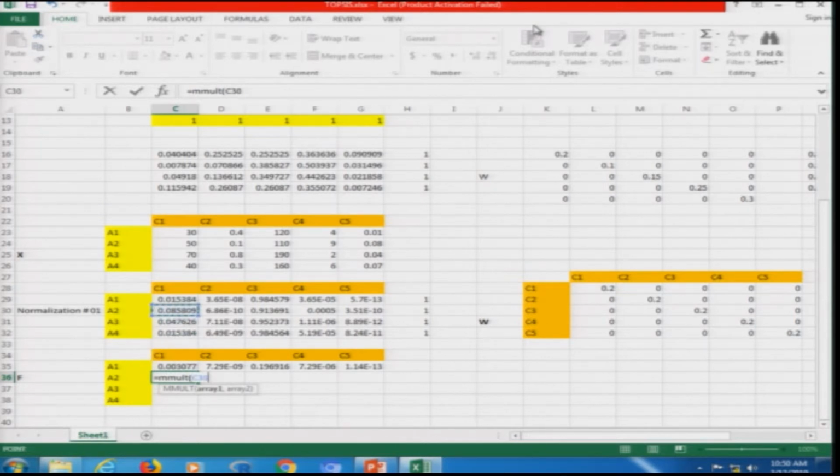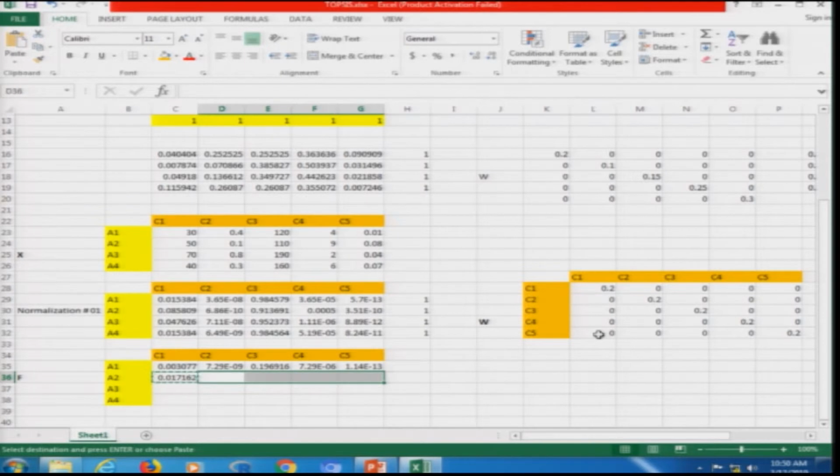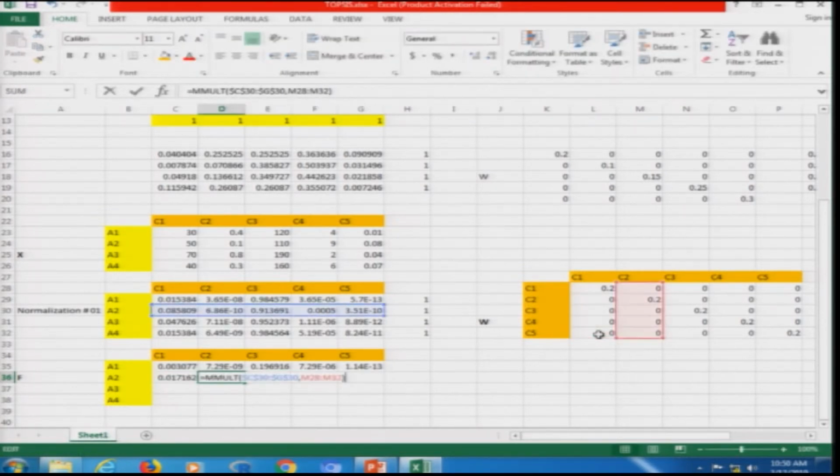This is the second row, which is for A2 corresponding to C1. So, again I freeze the values. Let us check whether they are the same. So, the columns are changing, the row is the second one.